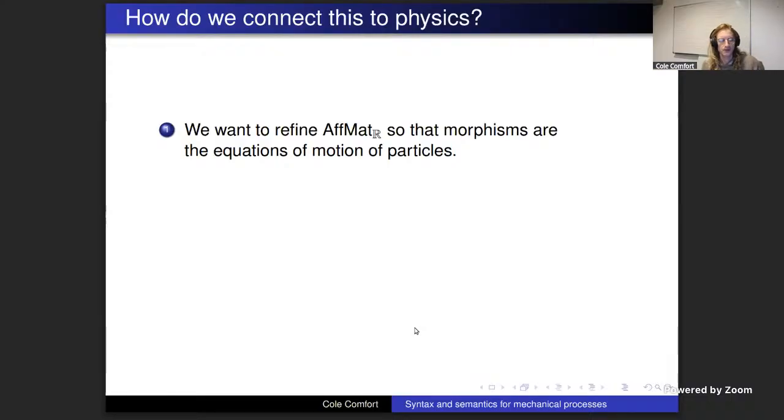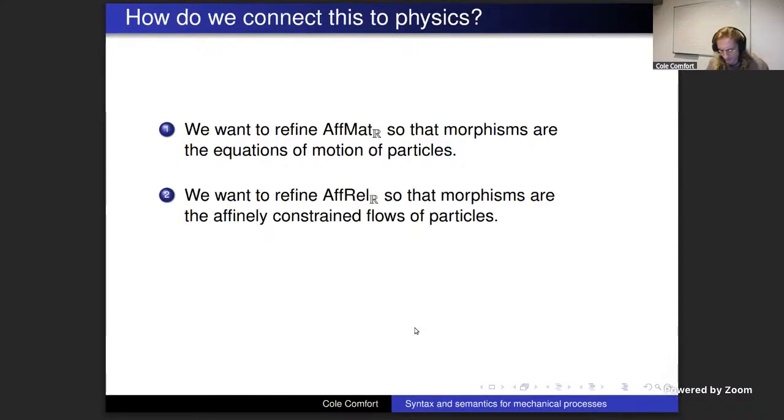So a physicist would say, we want this to represent the equations of motion of particles. And similarly for relations, I want to do the same thing, but I want to constrain the affine relation so that the morphisms correspond to different ways in which particles can flow non-deterministically between different places.